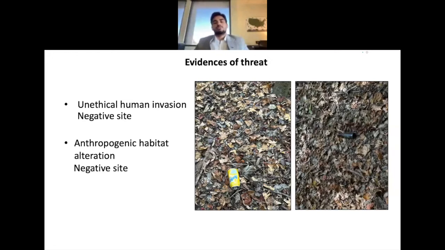She used to transplant numerous species that don't belong to that site, which is a perfect example of anthropogenic habitat alteration for aesthetic purposes. And this could be a possible reason for the elimination of Texas Screwstem from this location. And that's why this site is a negative site now.